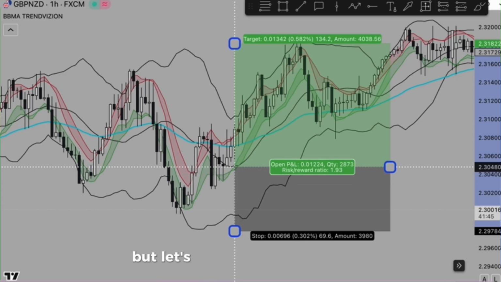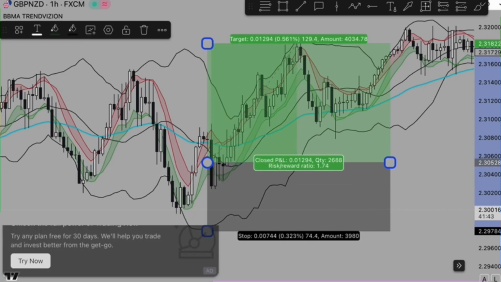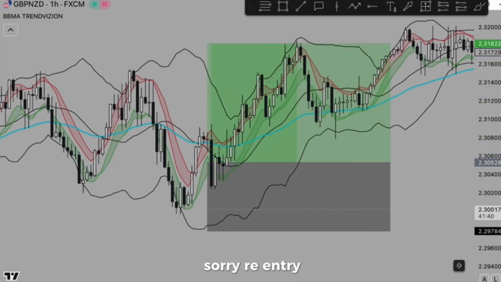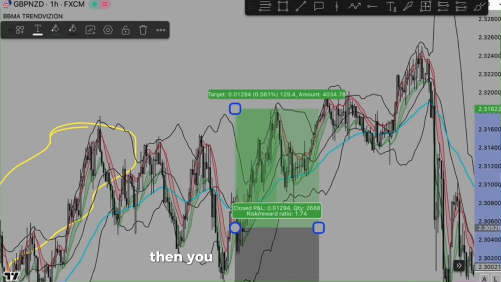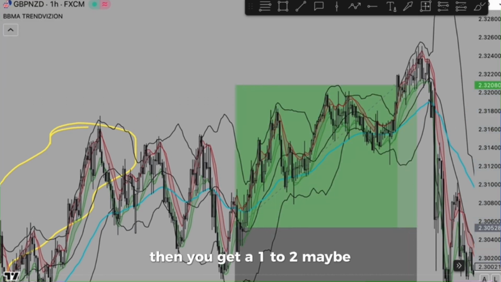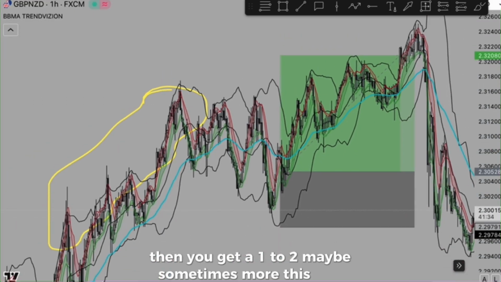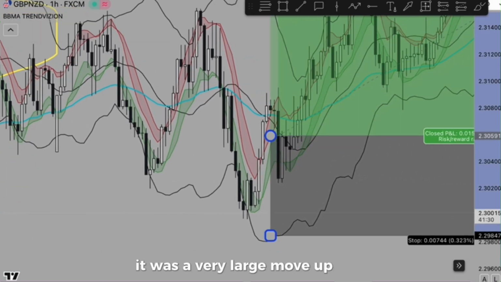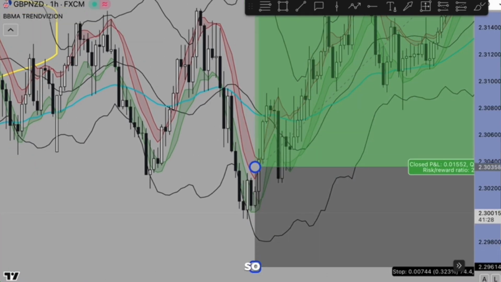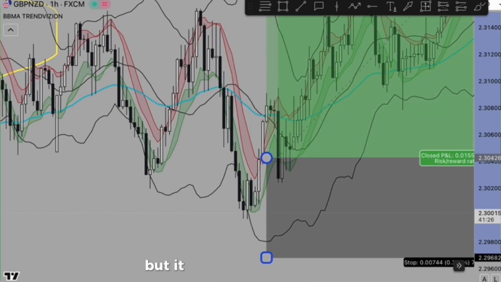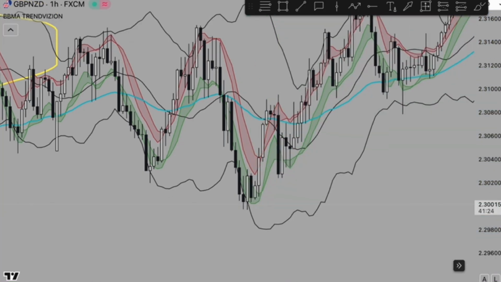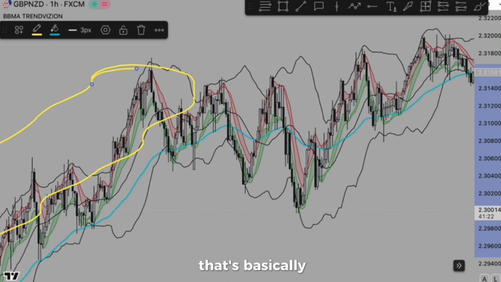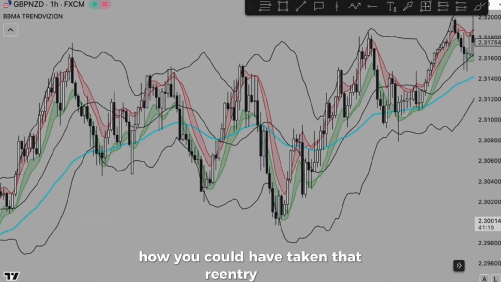But let's just say you wait for the time frame 3 re-entry, then you get a 1-to-2 maybe, sometimes more. In this case it was a very large move up here, so usually it's a little bit lower, but it depends on the setup. So that's basically how you could have taken that re-entry there.